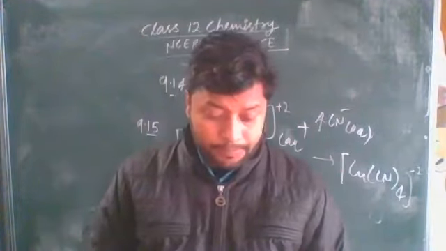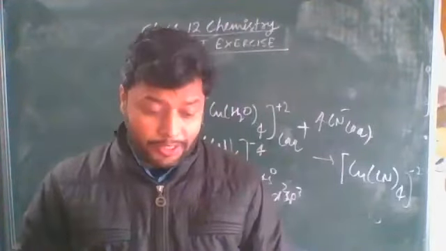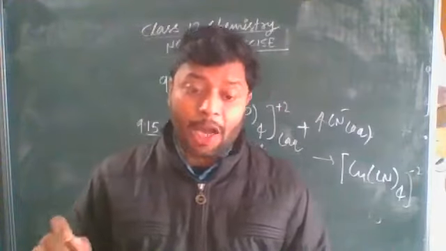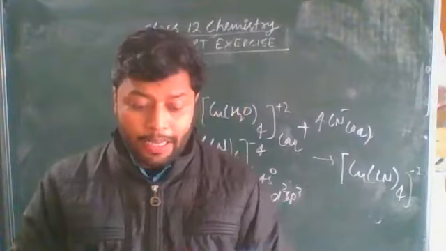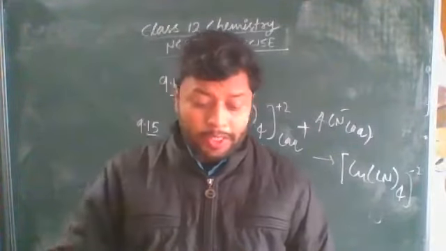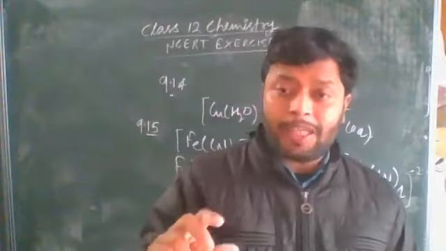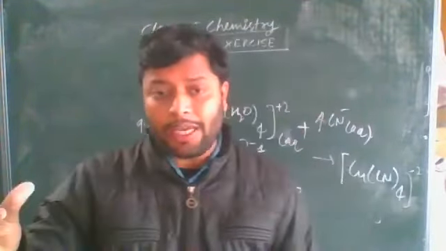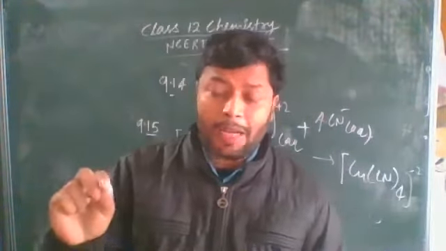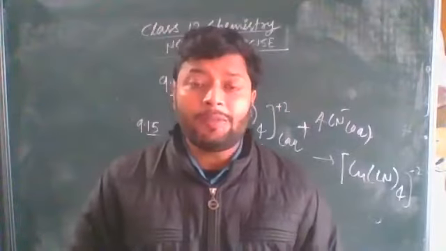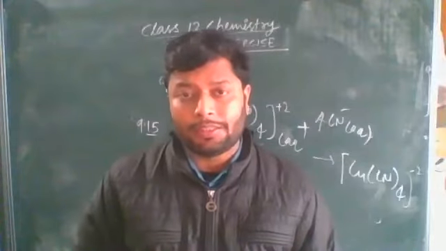Next question is, what is the crystal field splitting energy? How does the magnitude of delta O decide the actual configuration of the d orbitals in a coordination entity? Crystal field splitting energy is when, in the presence of the external electric field created by the ligands, there is a splitting of the degenerate inner d orbitals.